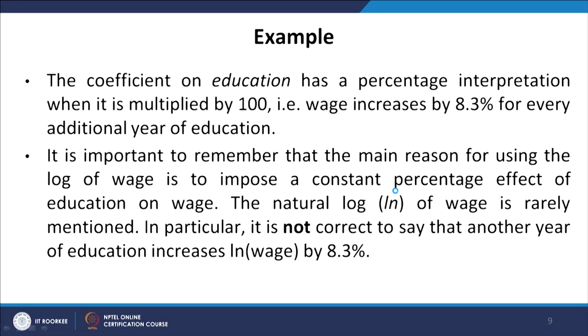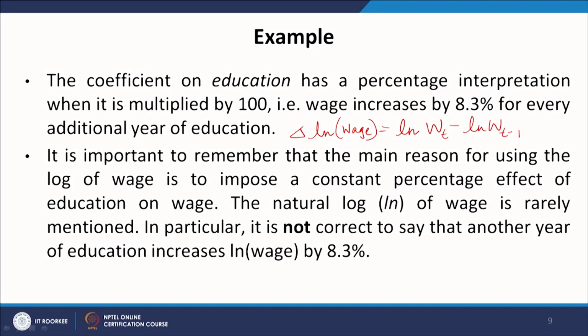Now, how are we able to comment on this? The coefficient of education has a percentage interpretation when it is multiplied by 100, that is, wage increases by 8.3% for every additional year of education. This is because when we are measuring wage as logarithm of wage, a change in logarithm of wage is log W_t minus log W_t-1.